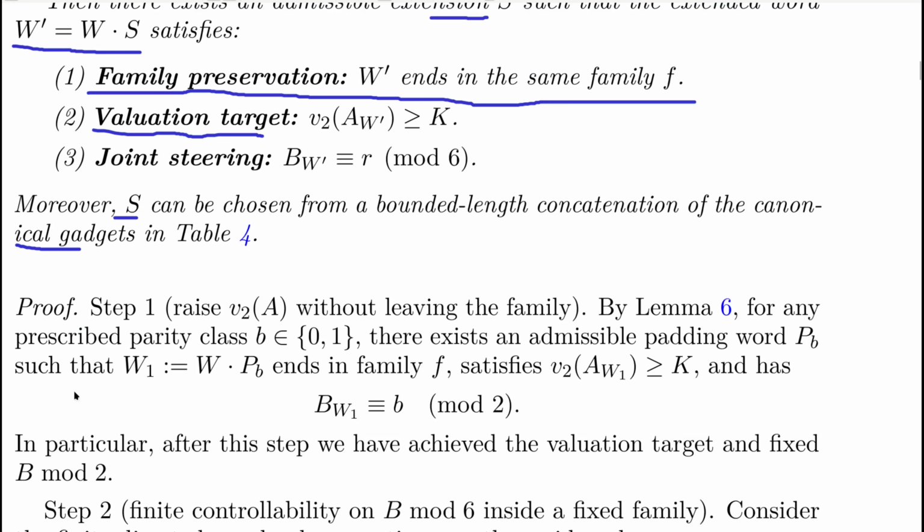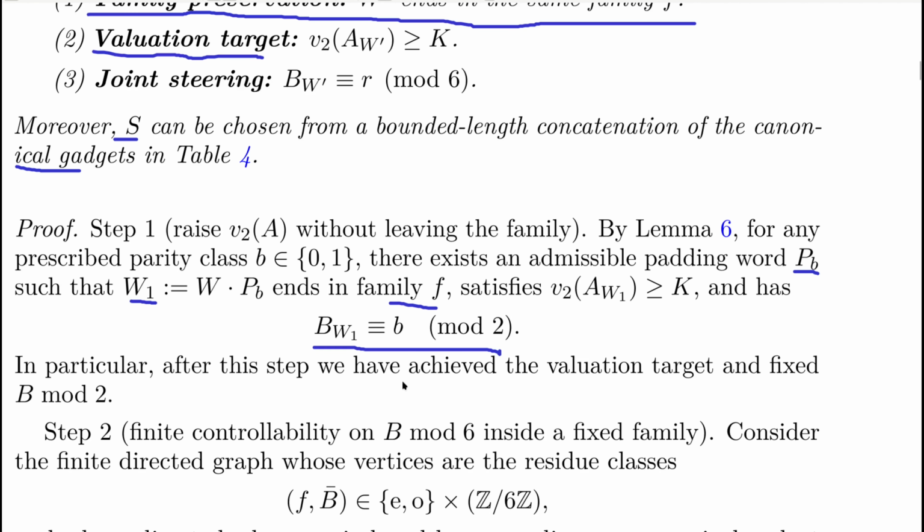For any prescribed parity class B, either 0 or 1, there exists an admissible padding word P_B such that W1, defined as W.P_B, ends in the same family, satisfies the two-adic valuation of A(W1) greater than or equal to K, and has B(W1) congruent to B mod 2. In particular, after this step, we have achieved the valuation target and fixed B mod 2.